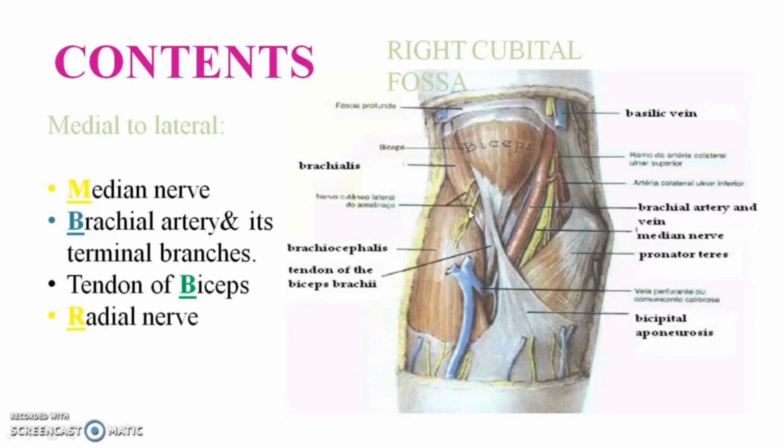So here we will be having the superficial branch of radial nerve coming out. So these are the four structures you have to remember as the contents of the cubital fossa region. So the order will always be medial to lateral. So medially M, median nerve, B for brachial artery, another B for tendon of biceps brachii, and then S stands for superficial branch of radial nerve.